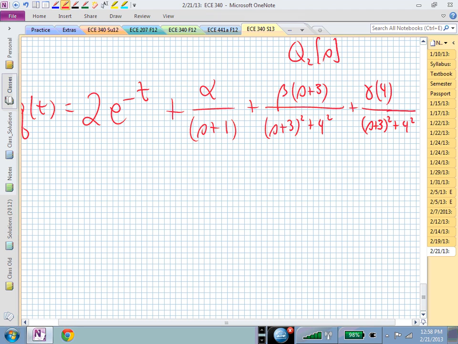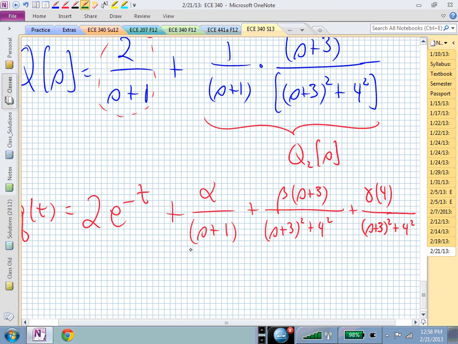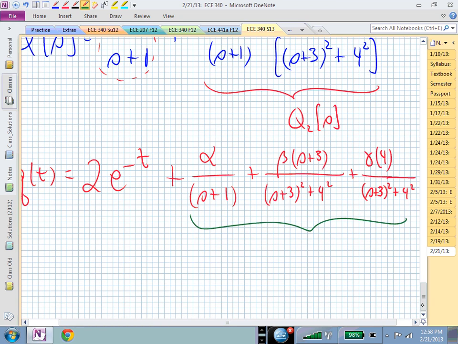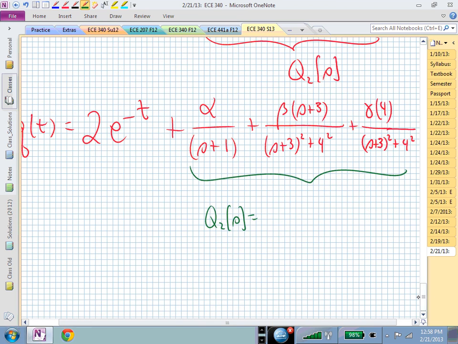Let's now find alpha, beta, and gamma, just for grins. You'll need to do this on your homework. And now this is really equal to q sub 2 of S, which is this expression that we had before, S plus 3 over S plus 1, S plus 3 squared plus 4 squared.